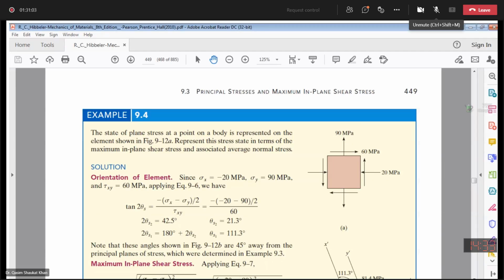So when I put the value of theta s1, 111.3 degrees, in equation number 3, that is tau x dash y dash is equal to minus sigma x minus sigma y over 2 sin 2 theta plus tau xy cos 2 theta, what value of transformed shear stress did you get? What value of transformed shear stress do you get?